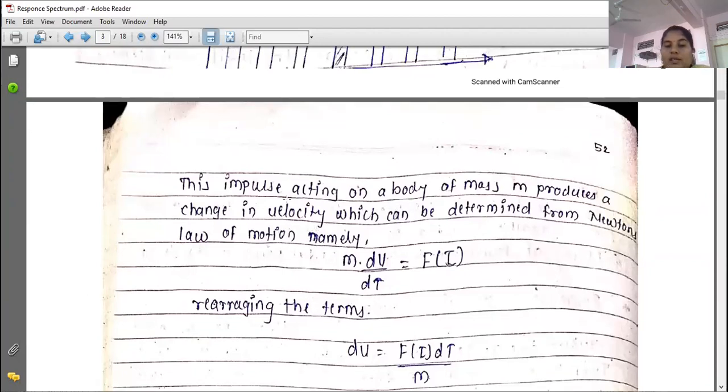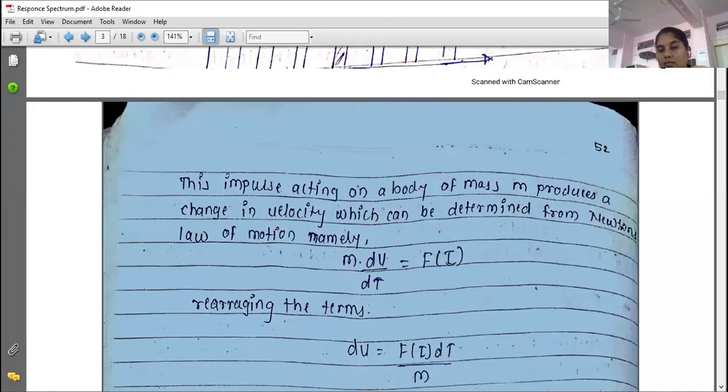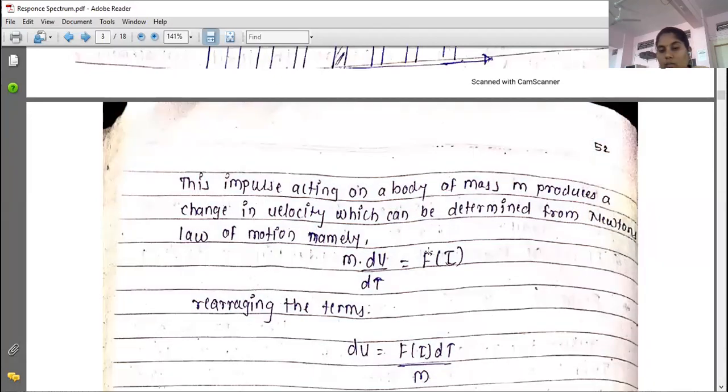Write down: this impulse acting on a body of mass m produces a change in velocity, which can be determined from Newton's law of motion.